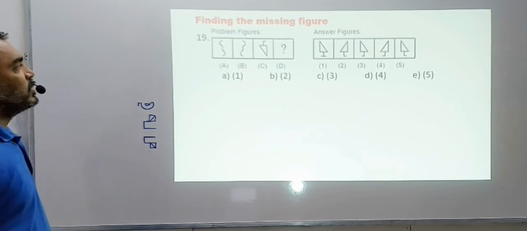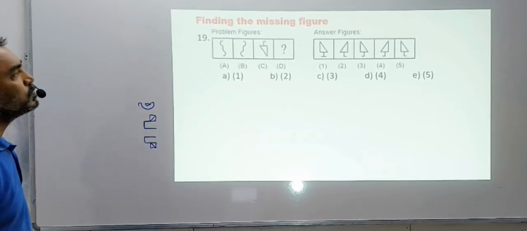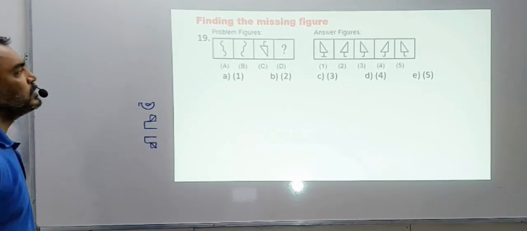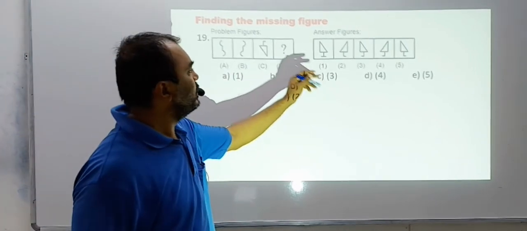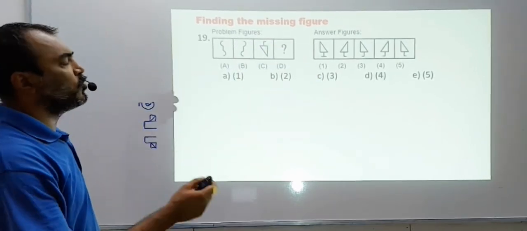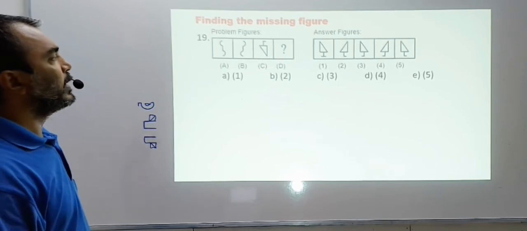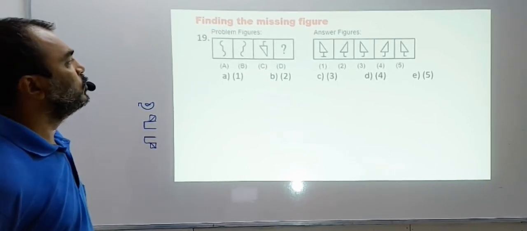So apply your logic and see what you can observe. Look at the options. Now you can see here all the options may look the same. Try to eliminate the wrong ones. If you do not find the right answer, it's no problem. Try to eliminate the wrong ones and see what you are left with.